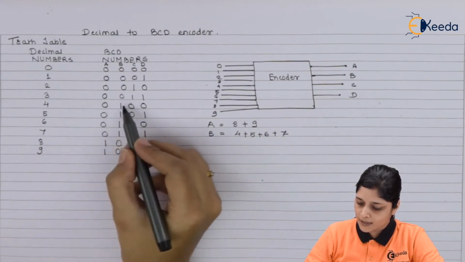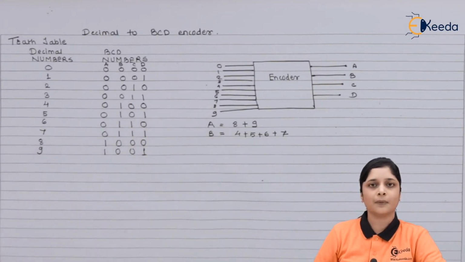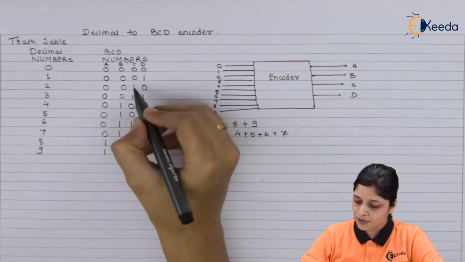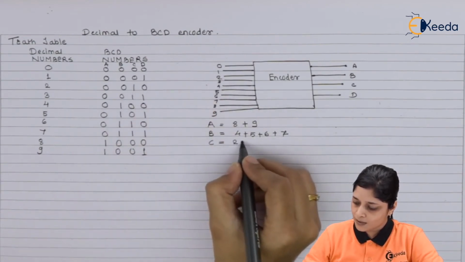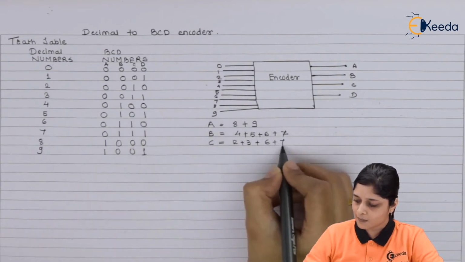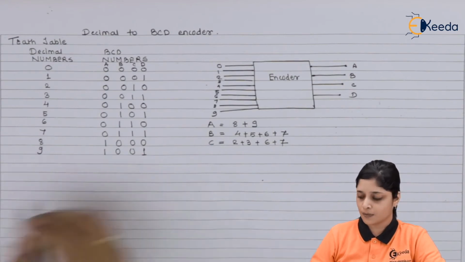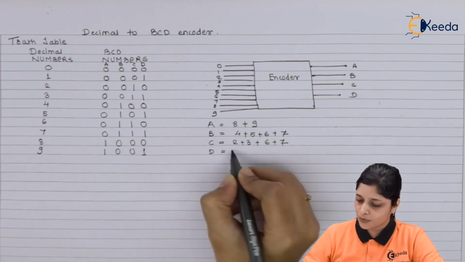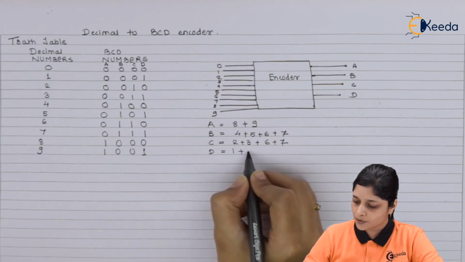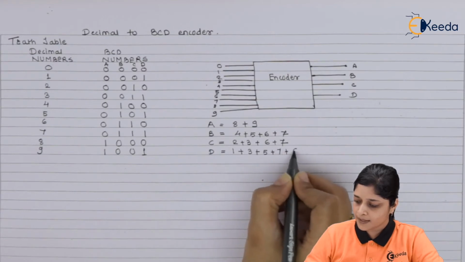So for all these 4, 5, 6 and 7, we have 1 for the B. Now for output C, we have 2 plus 3 plus 6 plus 7. In this way, you have to write down the expressions for each bit. And for D, you have 1 plus 3 plus 5 plus 7 and plus 9.